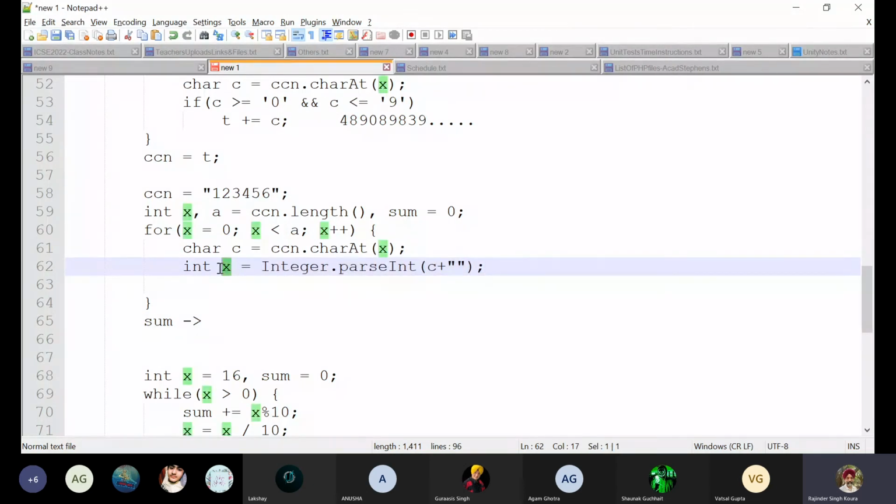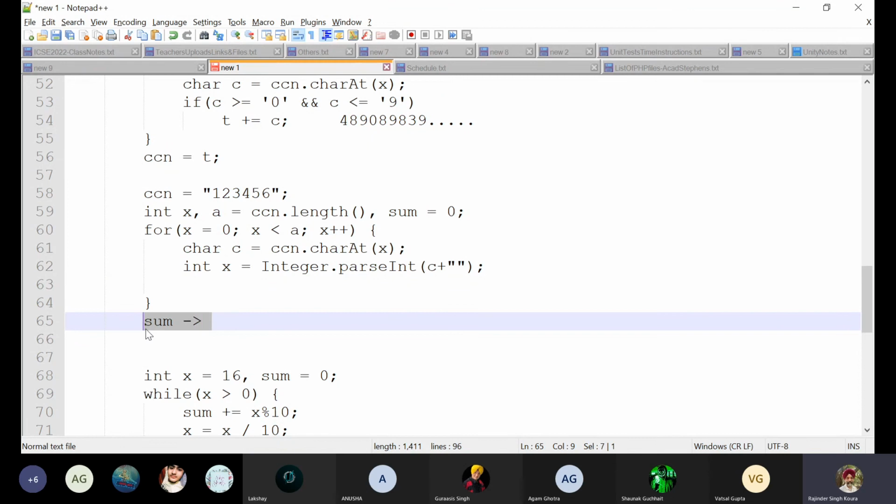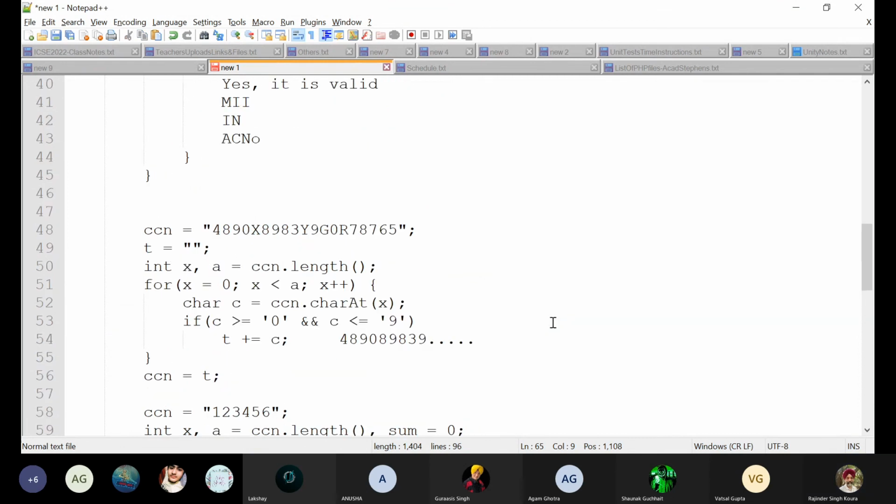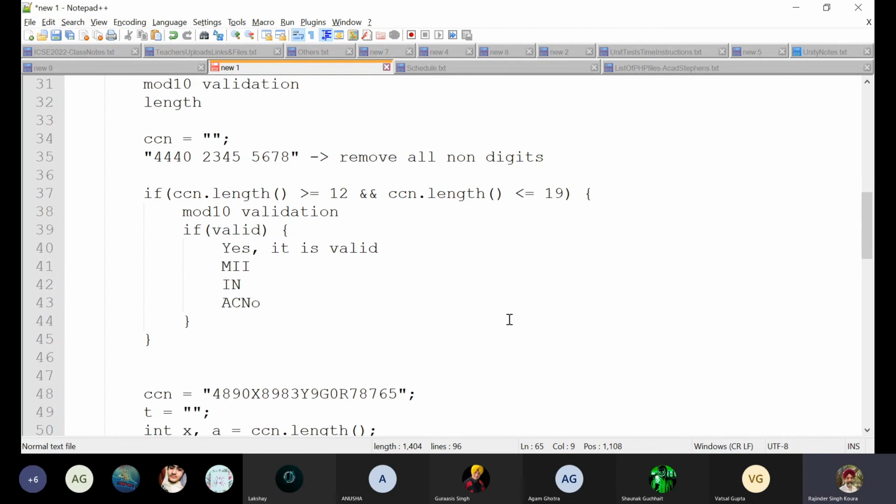Once you get this number, you can do anything. You can make it double. You can do whatever with it. So how is that going to be done? You have to do it yourself. Rest all is okay. You need to use substring to extract the first 3 letters or 2 letters or whatever letters, and check whether it is 64 or 51 or 39 or whatever it is. Then display the MII or IN or a count number.